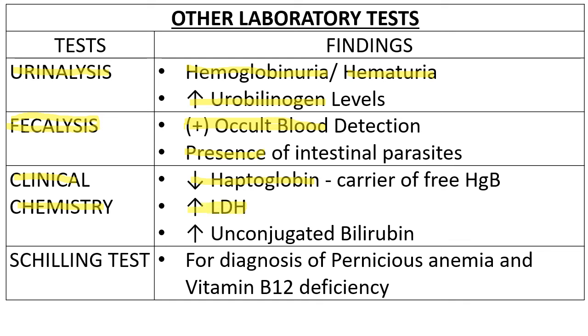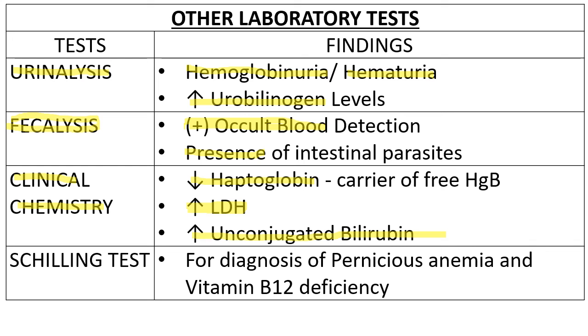Back in CC, napag-aralan nyo na ang LDH is part of RBC membrane. So, pag nagbe-burst ang RBC, lumalabas din ang LDH. So, increase sila. Increased unconjugated bilirubin. Again, no? Kapag nagkakaroon ng free hemoglobin, nako-convert sila into unconjugated bilirubin.